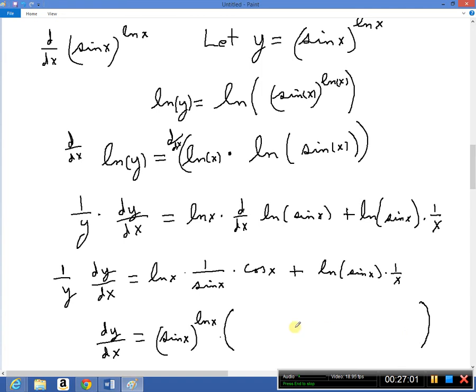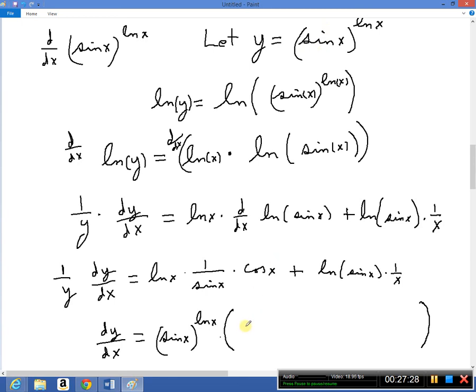Okay, but before I do, notice what the answer is. Dy dx for a function like this is that function back again times blah, blah, blah. Well, that shouldn't be a surprise to you. The derivative of any exponential function is that exponential function back again times some horrible mess. In this case, it's certainly not the log of the base, like it was in the case of b to the x.